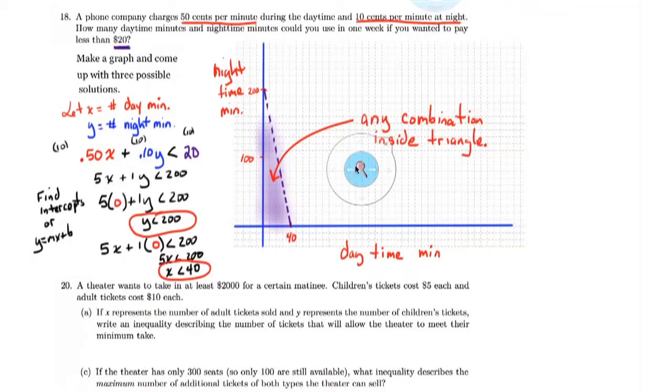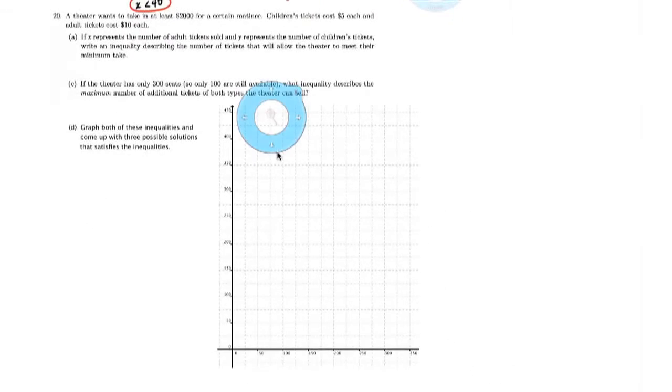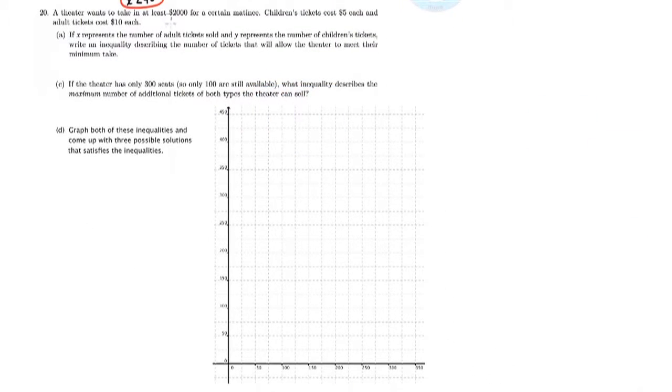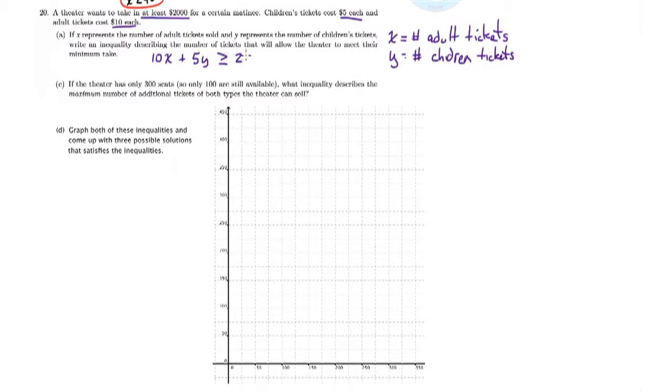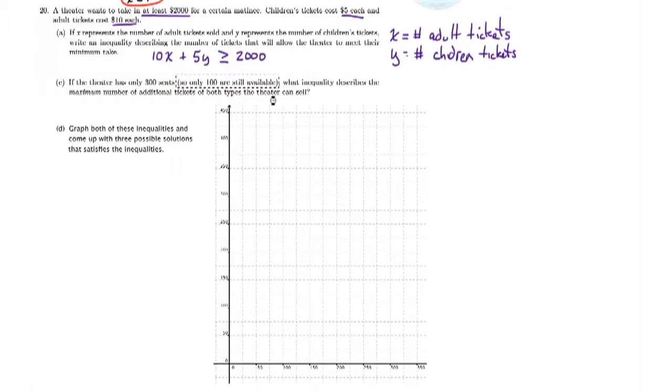Okay. In number 20, a theater wants to take in at least $2,000 for a certain matinee. Children's tickets cost $5 each, and adults' tickets cost $10 each. First, in part A, we want to write an inequality. So I set up my unknowns. I know that 10 times x plus 5y has got to be greater than or equal to 2,000.